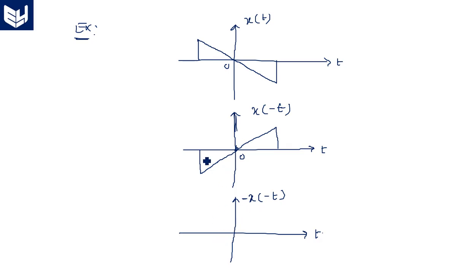Now I am just folding horizontally, so this part goes upside and this part goes downside. Observe the first and last figures, both are the same. So x of t must be equal to minus x of minus t. Then it is an odd signal.